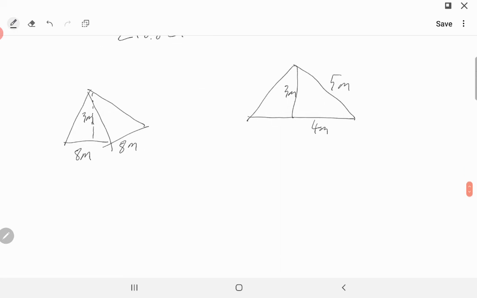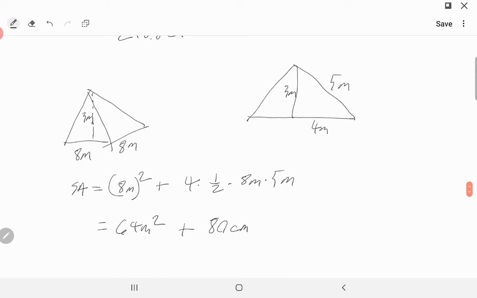And so the surface area would be 8 meters squared plus 4 times the area of the triangle. We get 1/2 times 8 meters times 5 meters for the slant height. And so we would get 64 square meters plus 80 square meters, and so we would get 144 square meters.